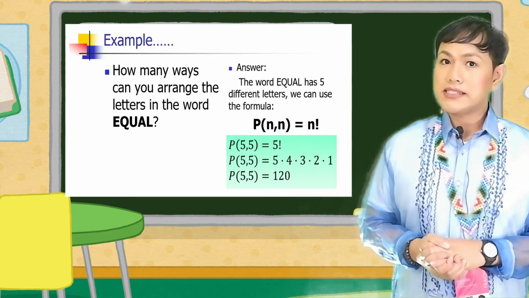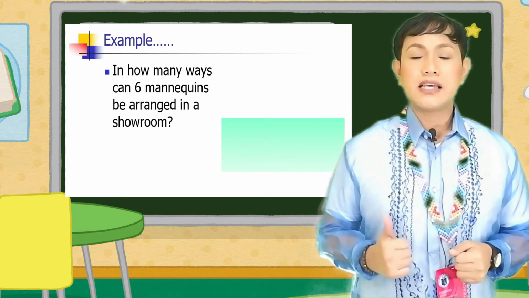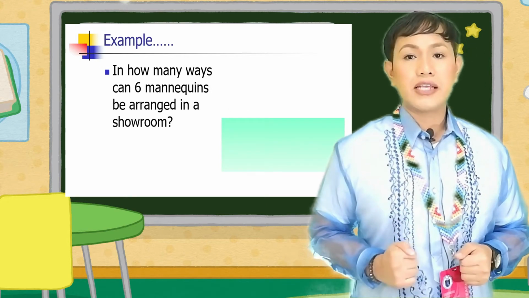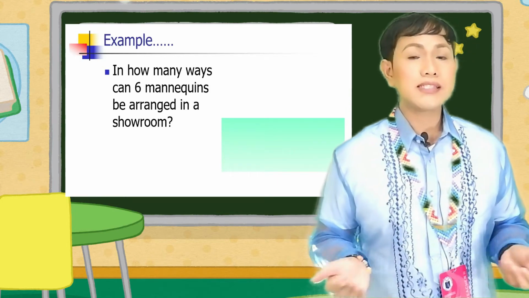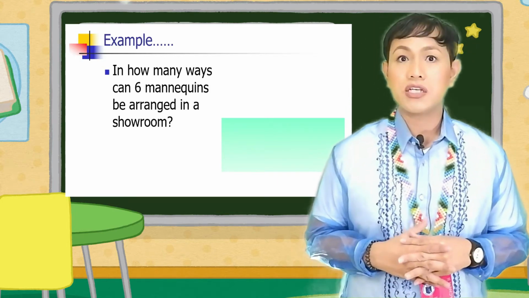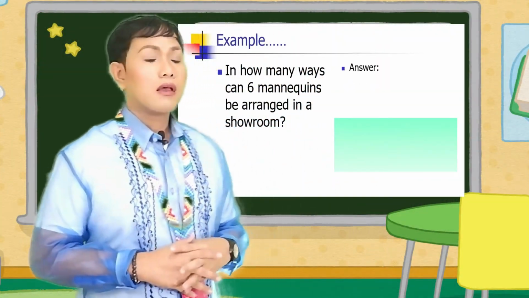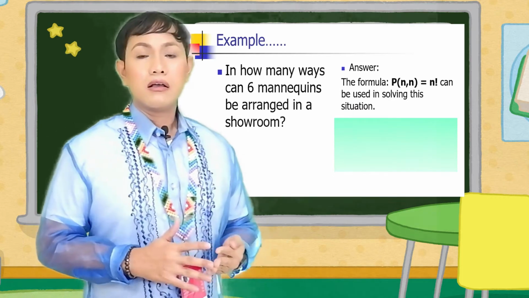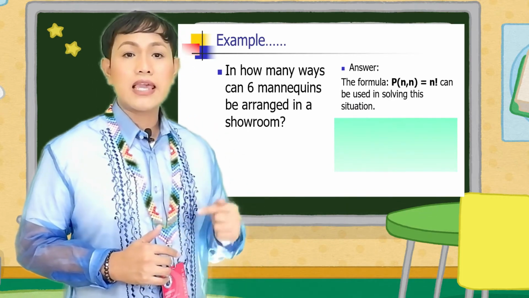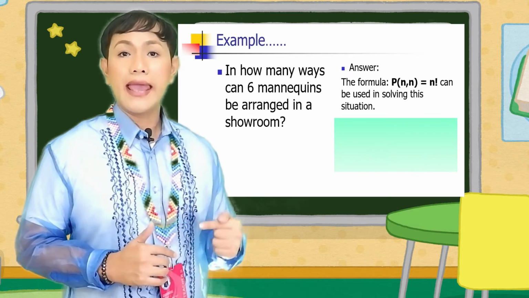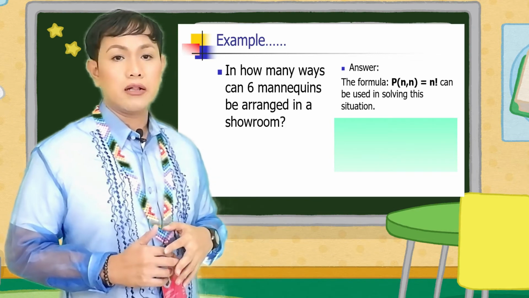So let us have more example. In how many ways can 6 mannequins be arranged in a showroom? Once again, in how many ways can 6 mannequins be arranged in a showroom? Our solution then would be, the formula to be used is the permutation of n objects taken n at a time, where n is actually equal to your r, is equal to n factorial.